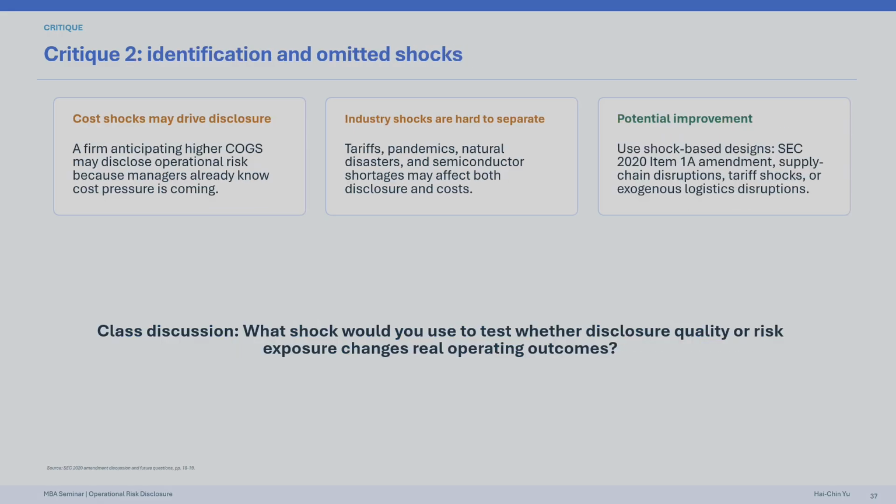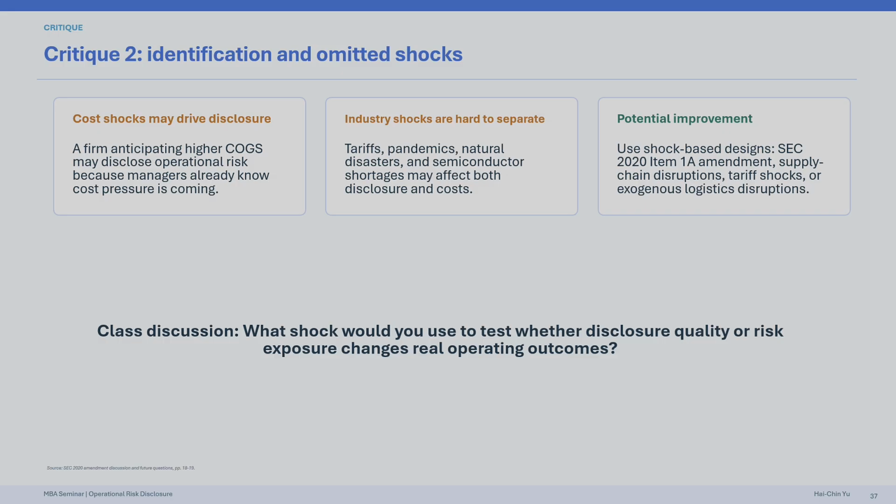Another one is the difference-in-differences and the reverse regression might exist. The shock is lacking, and the industrial shock is hard to separate sometimes.